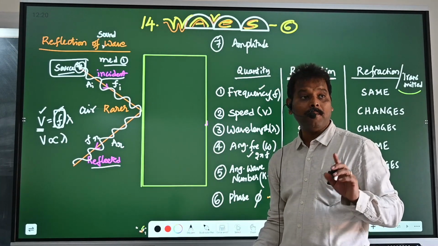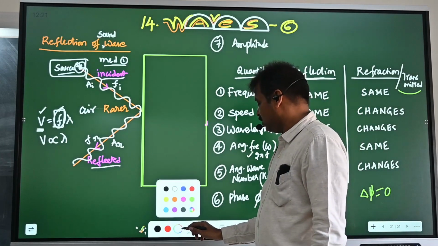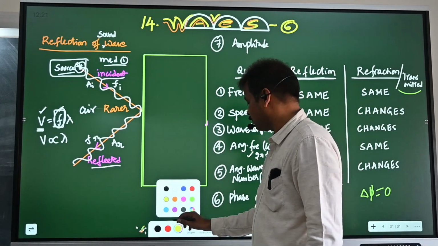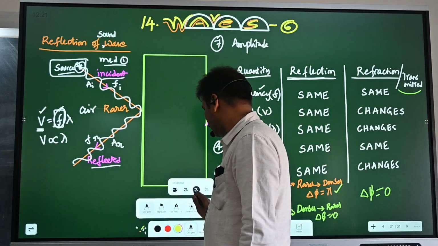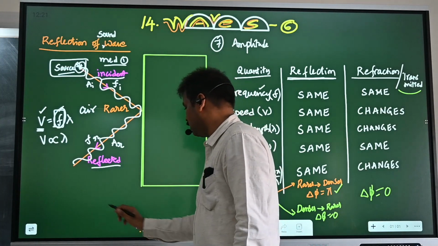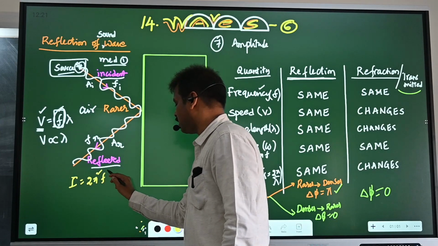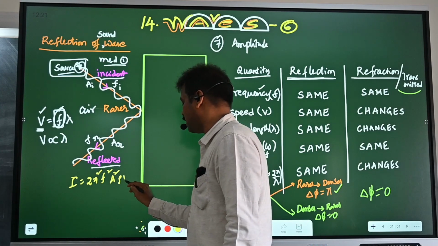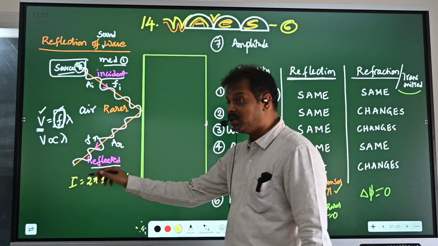Yesterday we studied this formula: intensity is given by 2 pi square f square a square rho v. This is the intensity of the wave. So intensity depends on what?